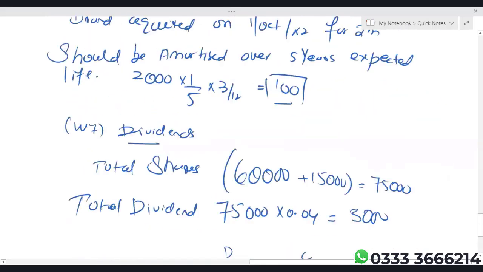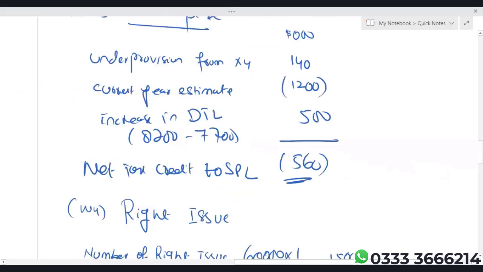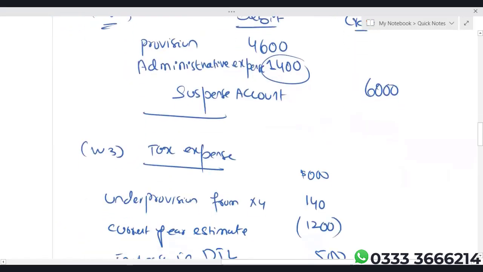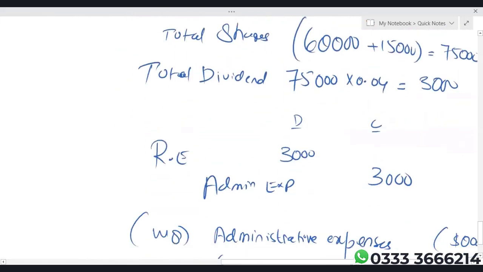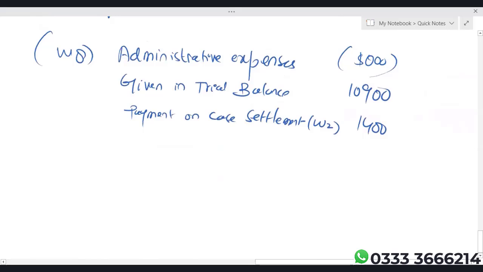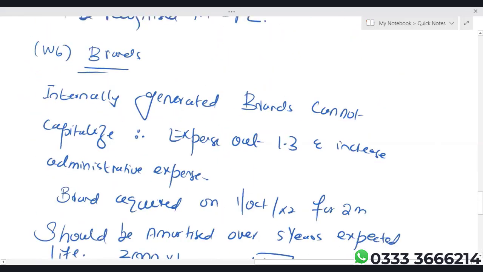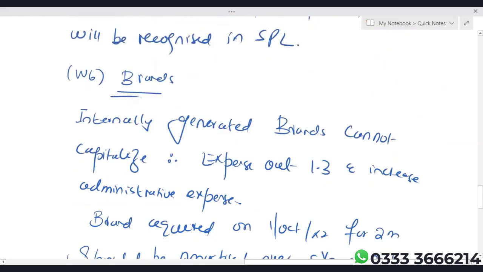What is the working number of investment property? It is working 5. Less investment property depreciation, working 5.